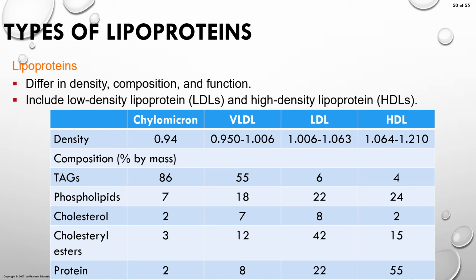While our body needs both cholesterol and the tags to function, having too much of them can cause them to build up in our arteries. So this can increase our risk for heart disease and stroke.